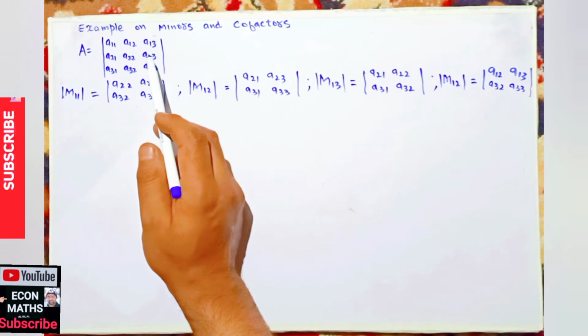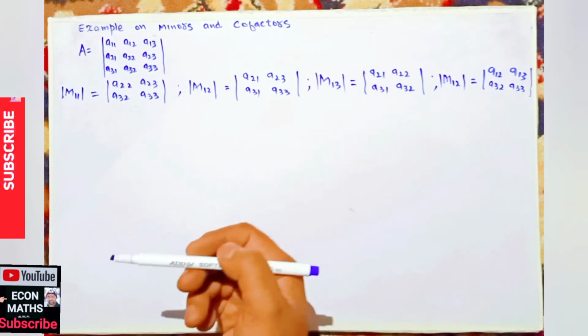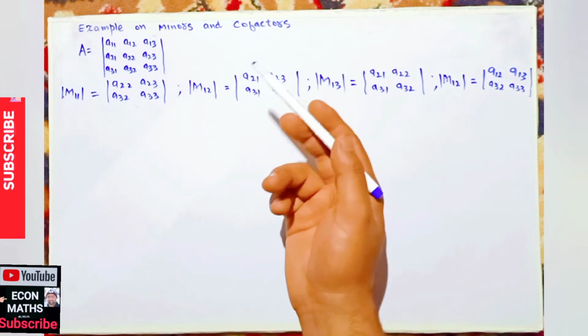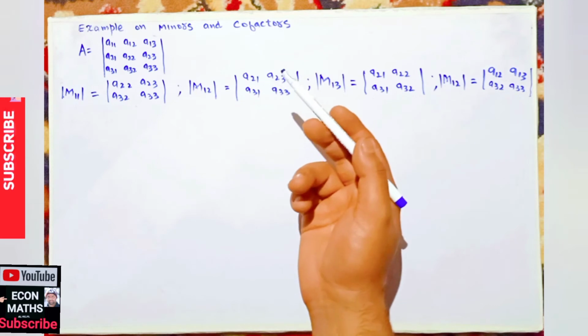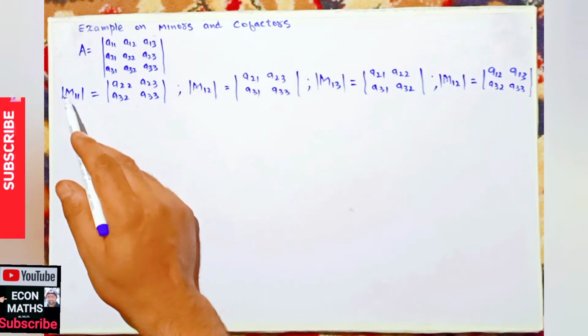column in which the corresponding element appears and take the determinant of the remaining elements. Now the cofactor is a minor with proper sign.